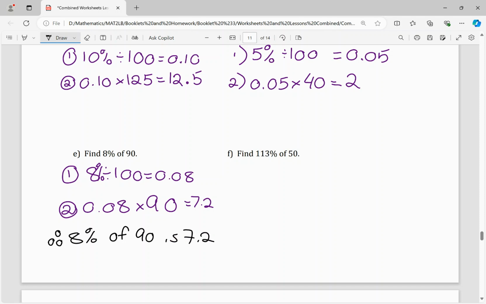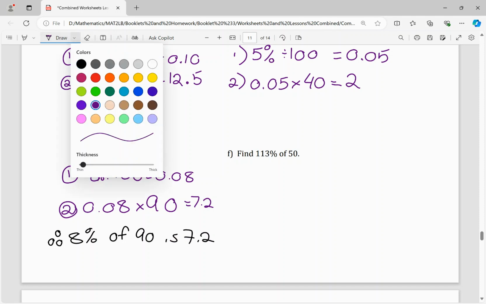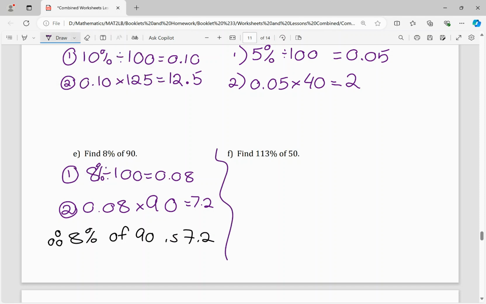Now, this last example uses a percentage that is higher than 100. This is the kind of work that you will see in the next lesson when we start dealing with tax. So, find 113% of 50. Step 1, we write 113 as a decimal, and that equals 1.13. Step 2, take 1.13.